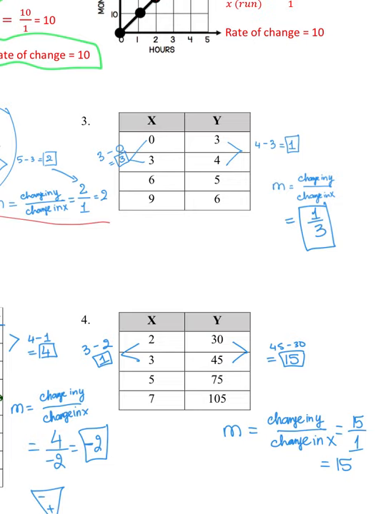Okay? Oh, by the way, number 3, proportional or non-proportional? When x is 0, y is 3, this telling me this is non-proportional. If x is 0, your y is 0, this is proportional.